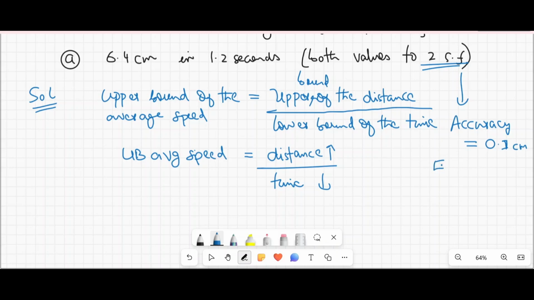So the error will become 0.1 divided by 2, and you will get 0.05. This is the error. This error also belongs to the seconds because it says both values, no? One is the first significant figure for the seconds, and two is the second significant figure for the seconds.